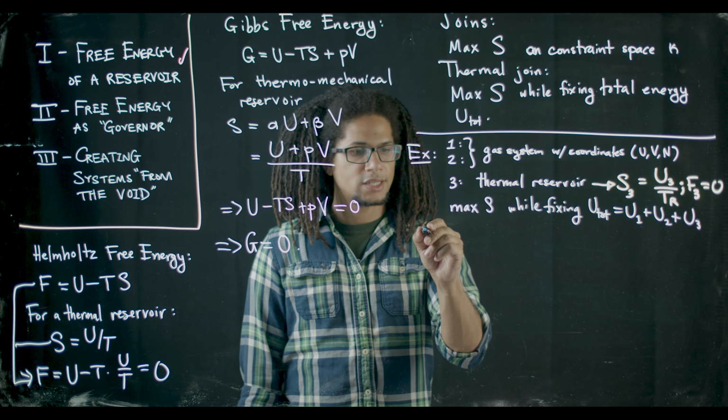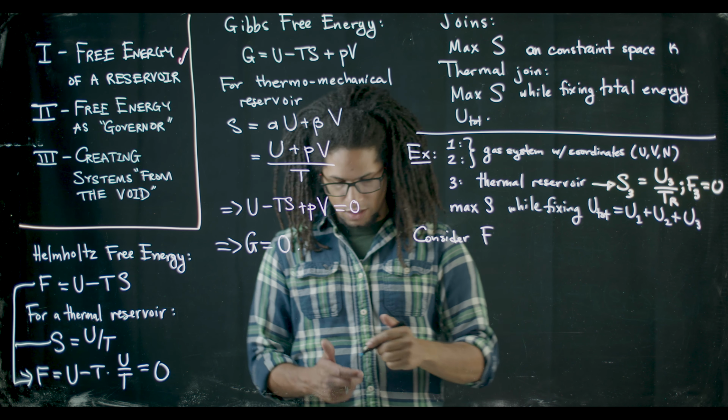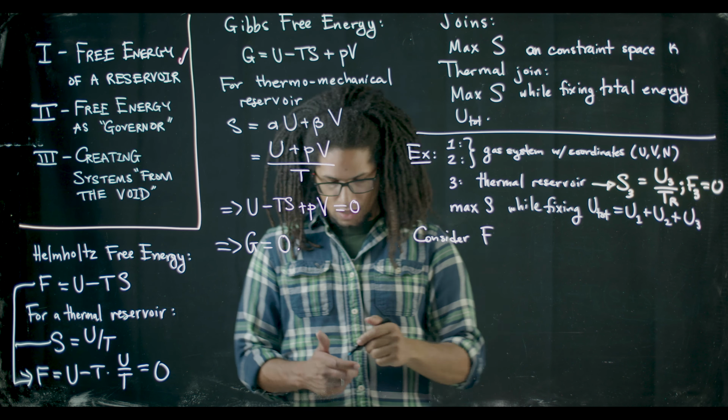With all of that in mind, let's consider F total. Now, the free energies, much like the internal energies, are nice in that their sum is just the sum of the individual free energies. So F is going to be equal to F1 plus F2 plus F3. But I want to remember that F3 is equal to 0, which we have here. So this is also just equal to F1 plus F2.